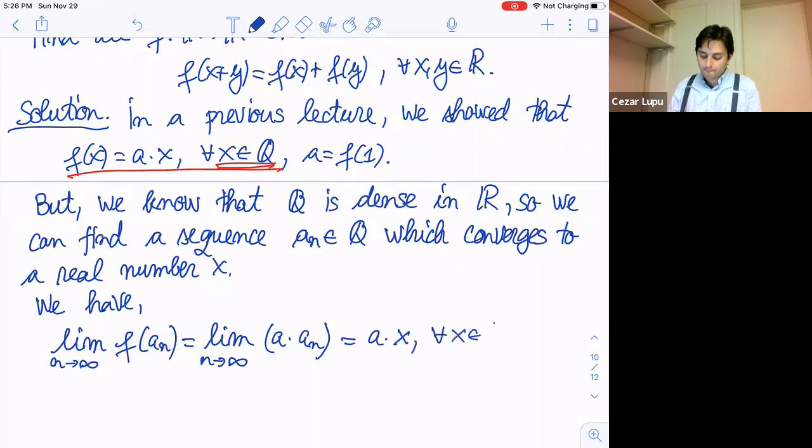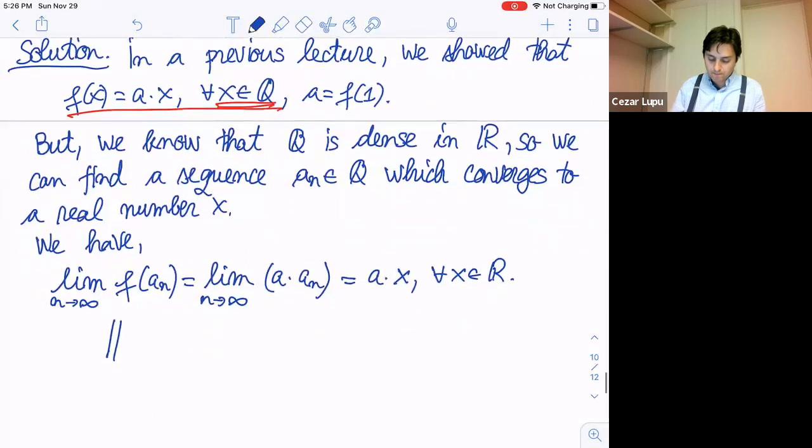for all real x. But on the other hand, f is continuous, so this guy here is nothing else than just f of the limit as n approaches infinity of a_n, which is equal to f of x.